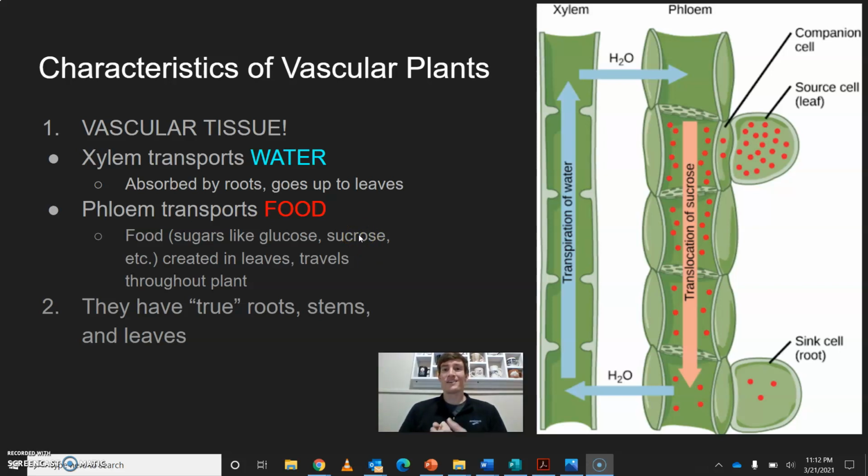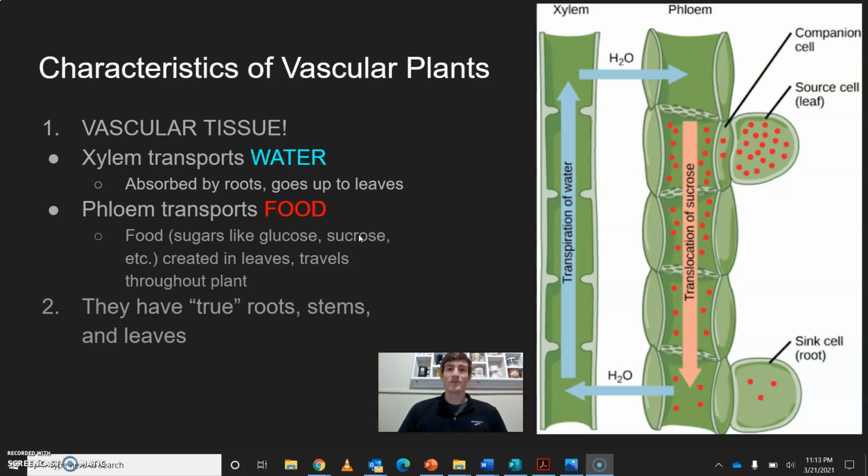First form is xylem, and xylem is the type of vascular tissue that transports water. Generally, water is absorbed in the roots, and then it travels through the roots, up the stem, and then toward the leaves. It needs to travel there because that's where photosynthesis is going to take place.